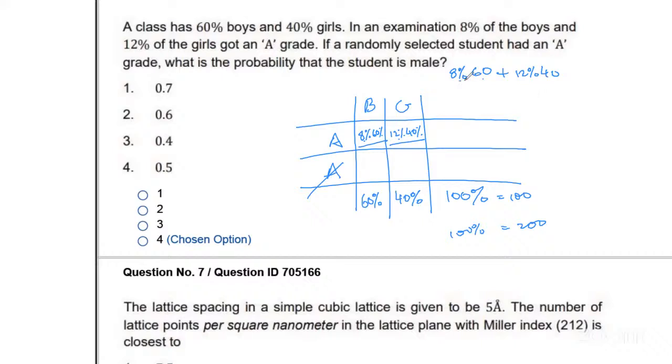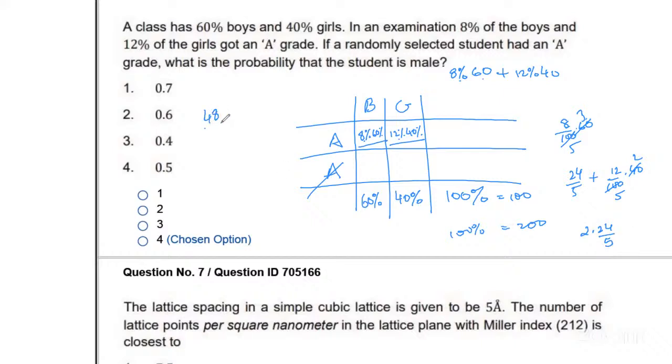So 8% of 60 is how much? It is 24 by 5. Plus 12% of 40 is how much? It's also 24 by 5. So it is 2 times 24 over 5, which is 48 by 5.